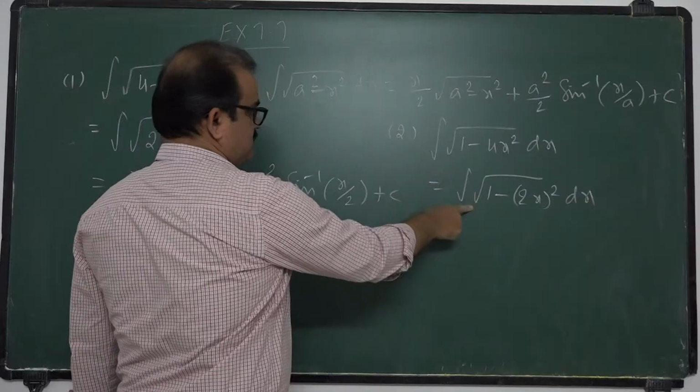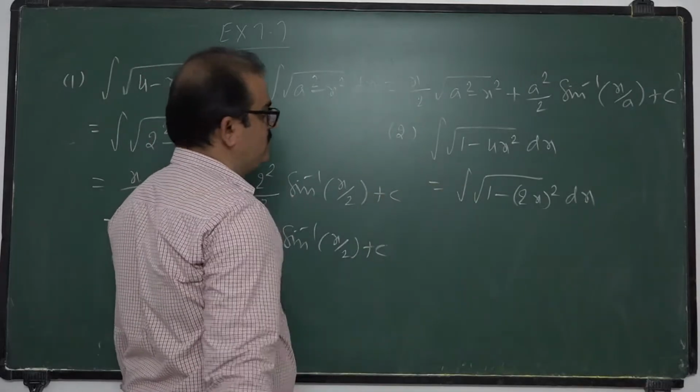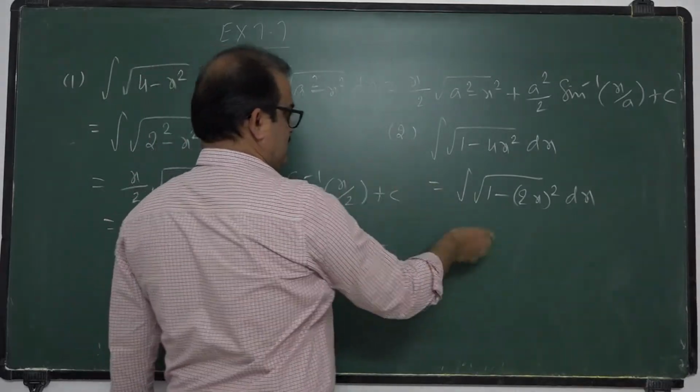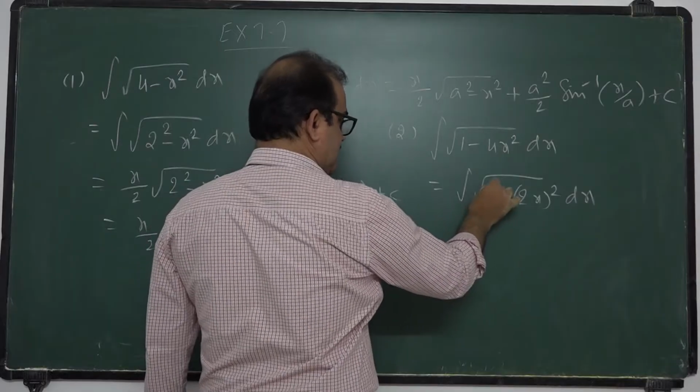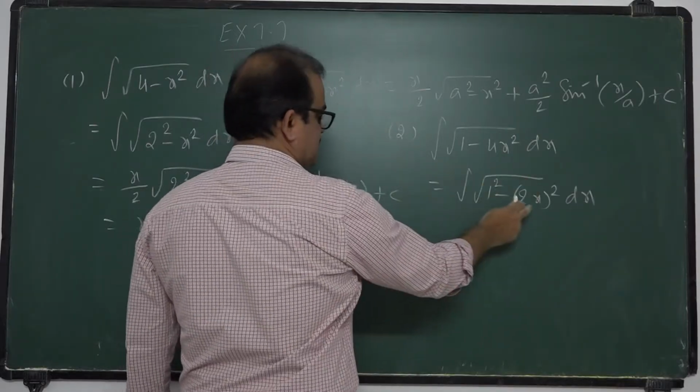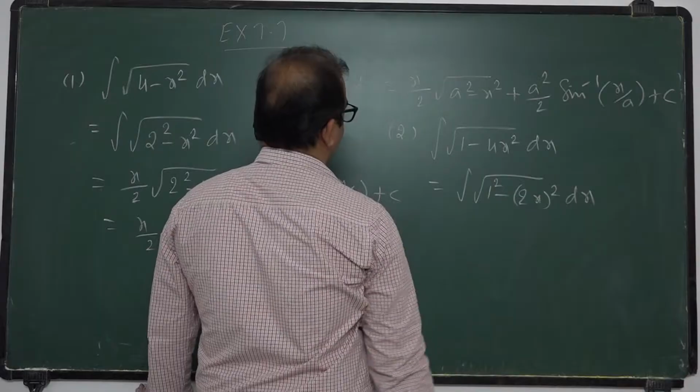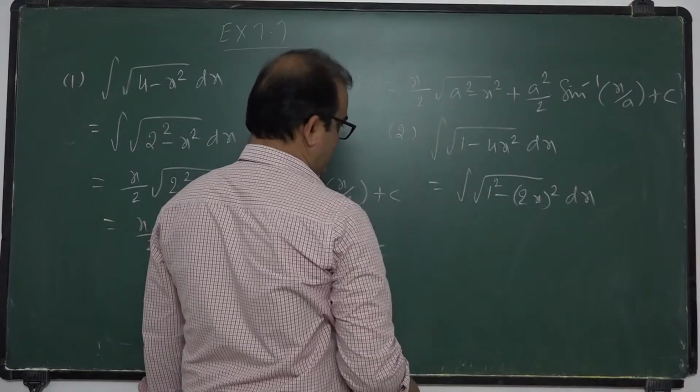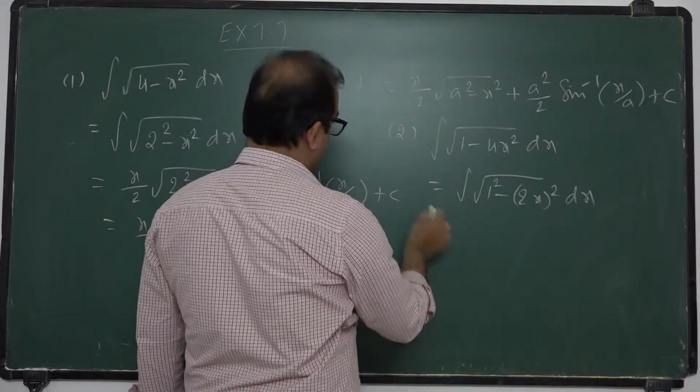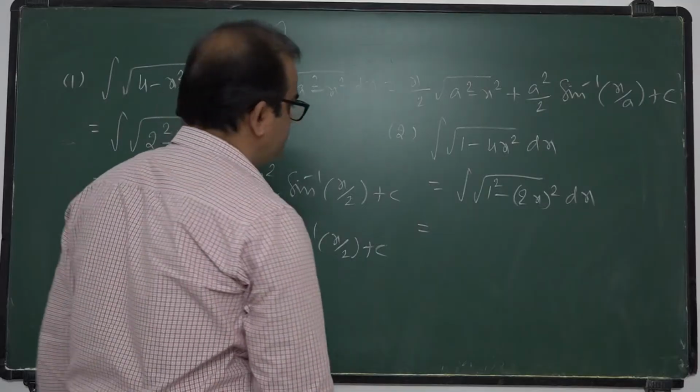It is in this form. In place of a, that is 1; here 1 is taken as 1 square. In place of x, that is 2x. You apply that formula directly. You write that formula and apply.